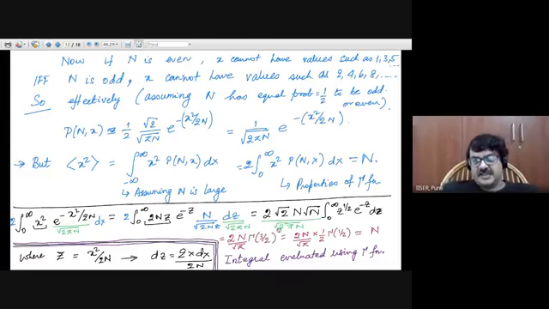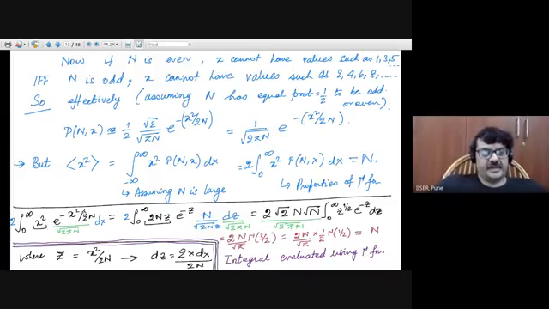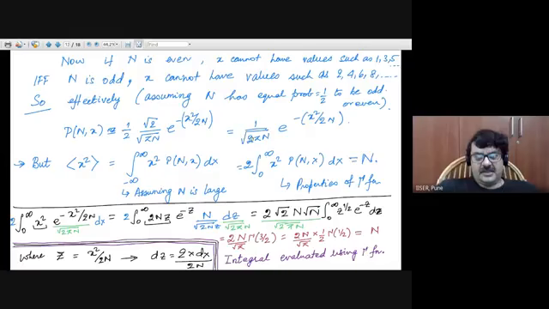Well, one uses the properties of the gamma function, and here I have already worked it out: 2 times the integral from 0 to infinity of x square into this quantity, right? And this prefactor is also here, and I've shown, by using properties of the gamma function, that the x square average is the variance.